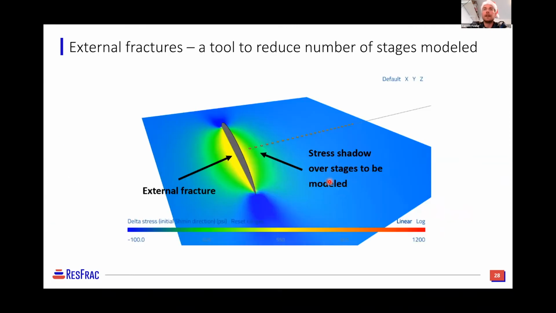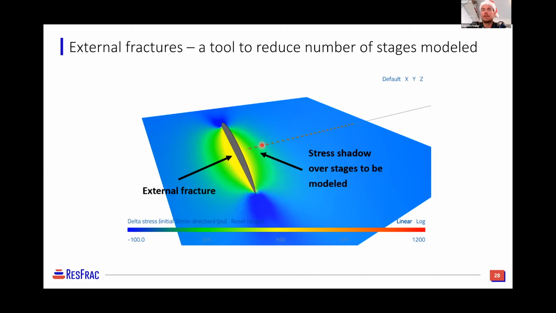And then the other feature is the external fractures. So as we talked about earlier, we typically only model a portion of the lateral for computational simplicity. And so one feature that can help is this concept of an external fracture, where we specify a fracture outside of the matrix region.